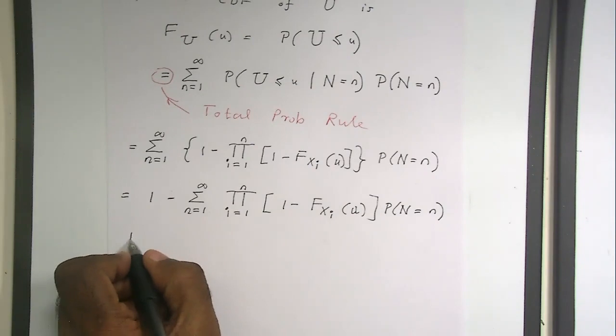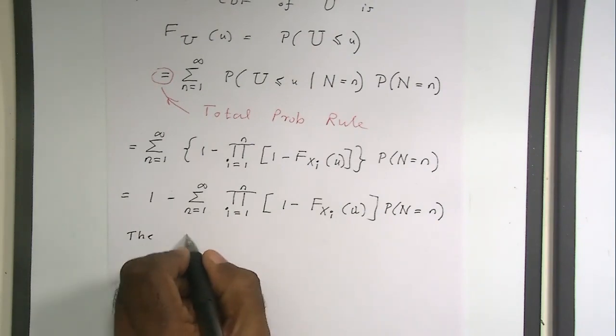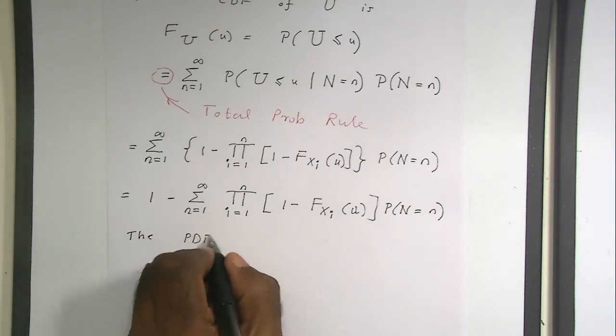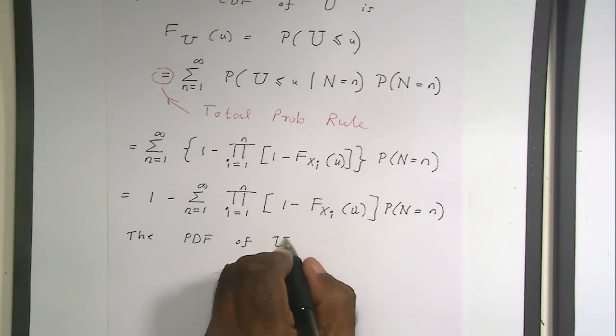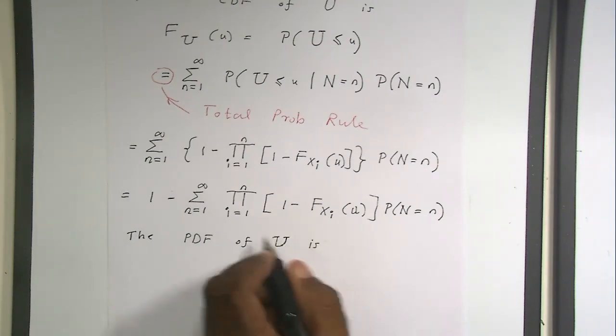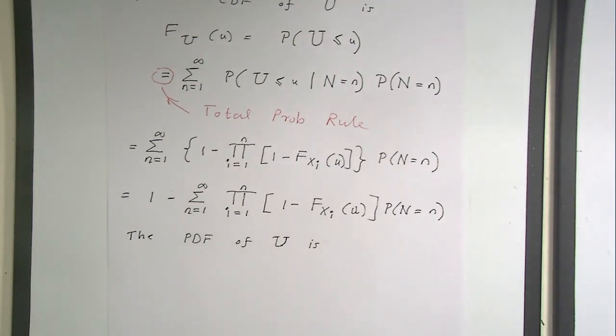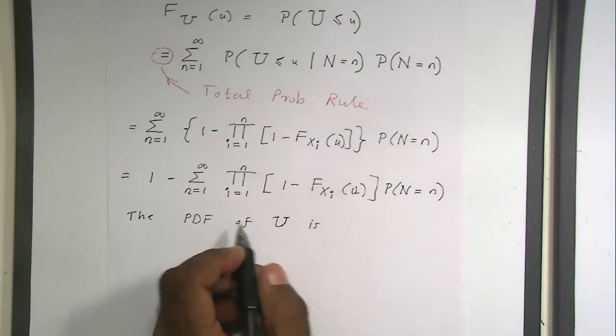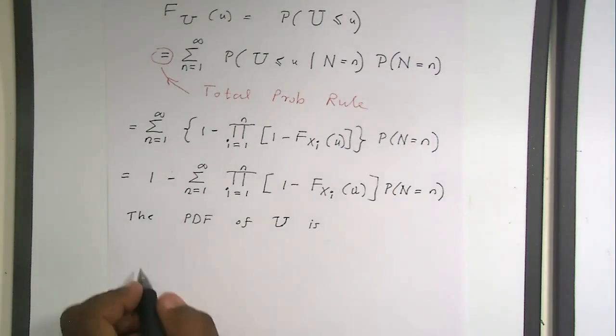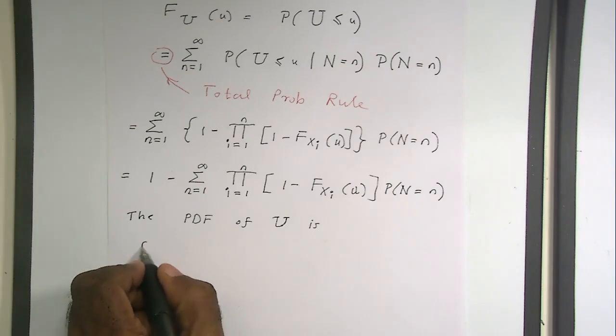Then the PDF of U is simply the derivative of this, right, with respect to U. So if you differentiate this with respect to U, this is what you will get.